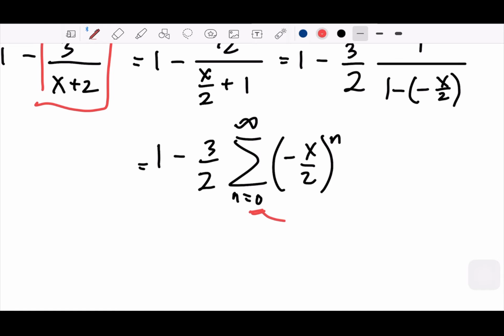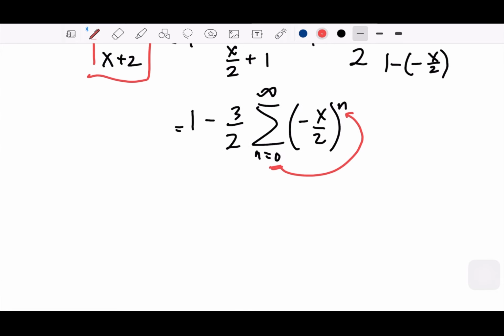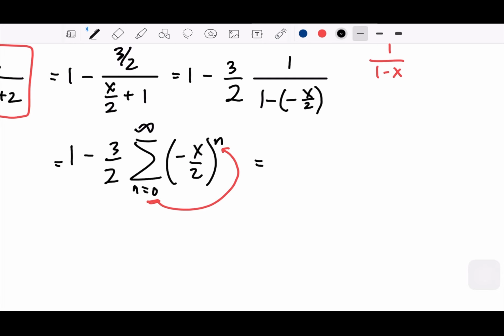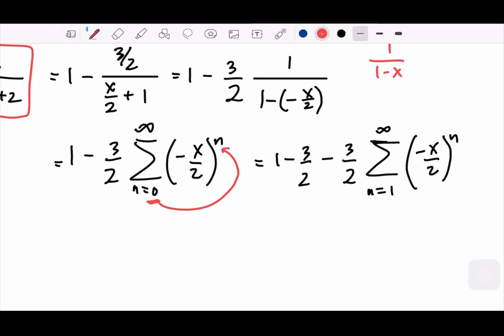If we plug in 0, we can exchange this into 1 minus 3 over 2 minus 3 over 2, n equals 1, right?